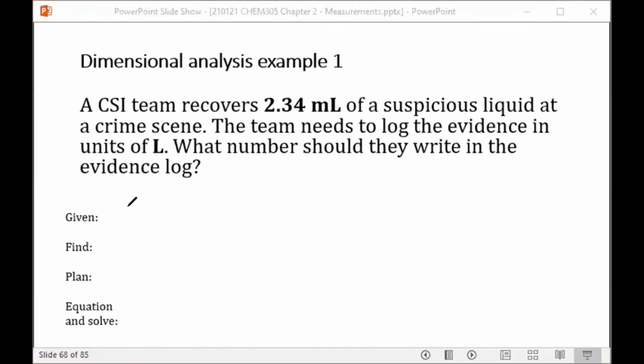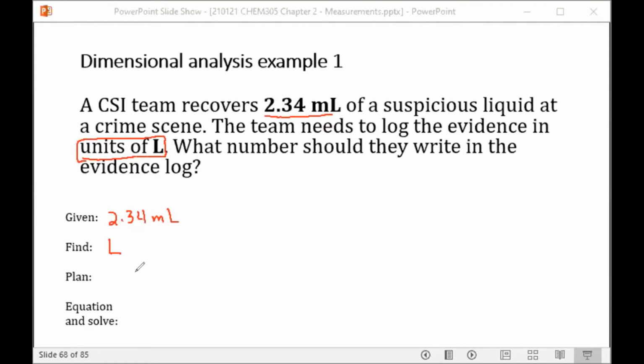Okay, so in this problem, our given is that the CSI team had 2.34 milliliters of liquid. So we're given 2.34 milliliters. They need to log the volume of the liquid in their evidence log in units of liters. So we want to find liters.